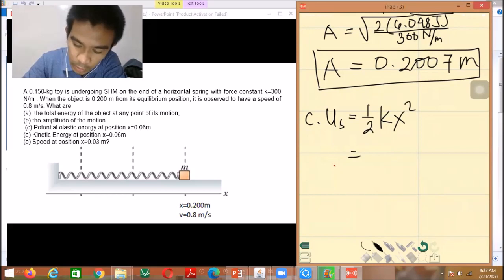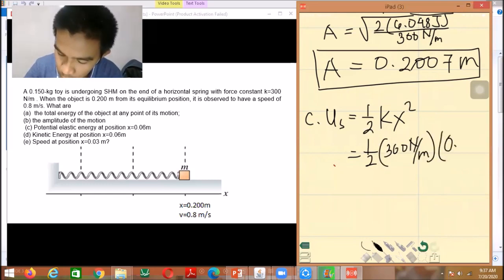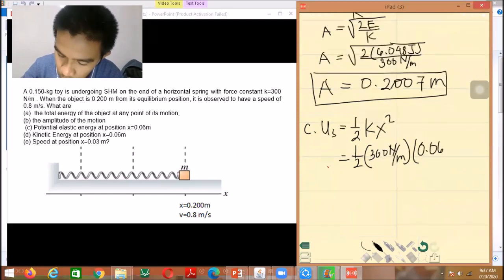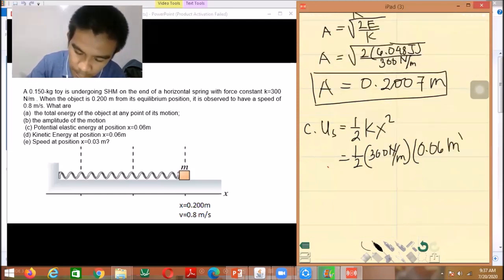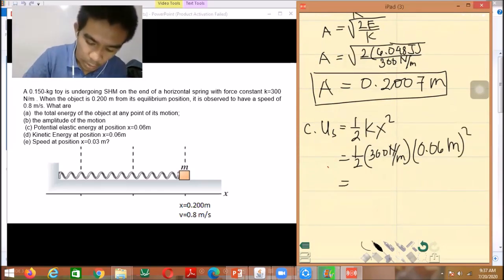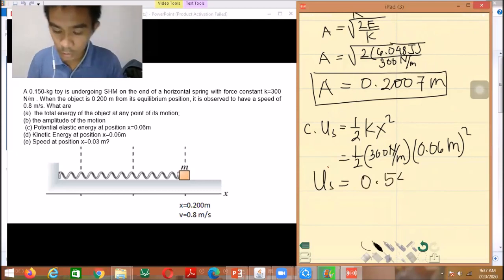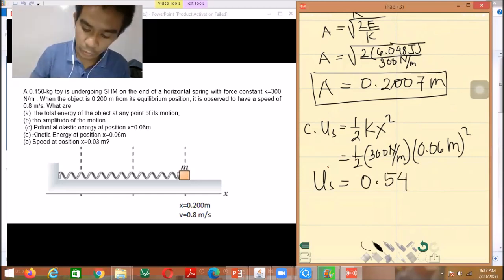So we have 1/2 times the spring constant, 300 Newton per meter, times the square of its position, 0.06 meters quantity squared. Then the elastic potential energy at that position is 0.54 joules.